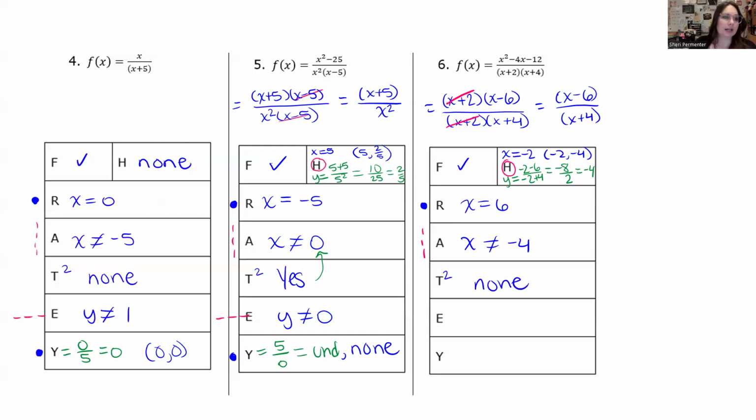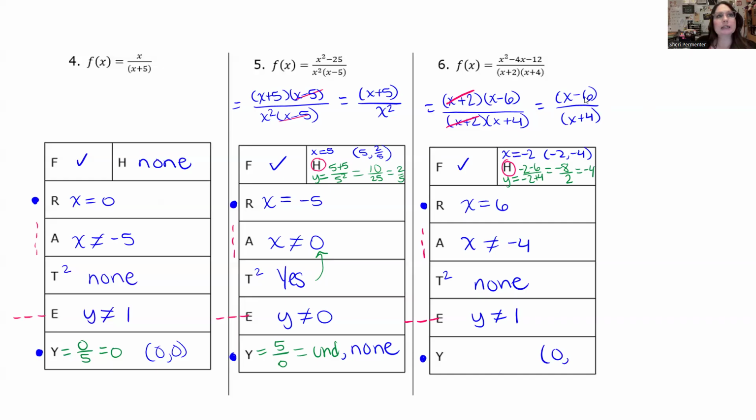In behavior is my horizontal asymptote. And to figure that out, I'm looking at the ratio of the x's. How many on top? How many on bottom? 1 and 1. The number in front is 1. So y is not going to be equal to 1. My y-intercept, that is always when x is equal to 0.